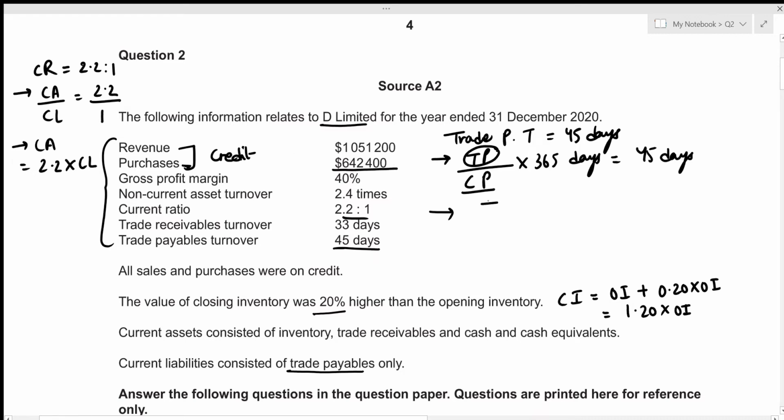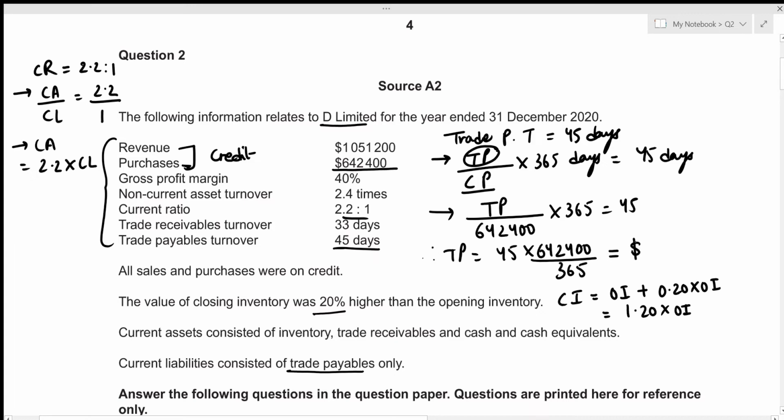Let's substitute that. So that's trade payables divided by 642,400 times 365 equals 45. This means that our trade payables is just going to be 45 times 642,400 divided by 365, which results in 79,200.